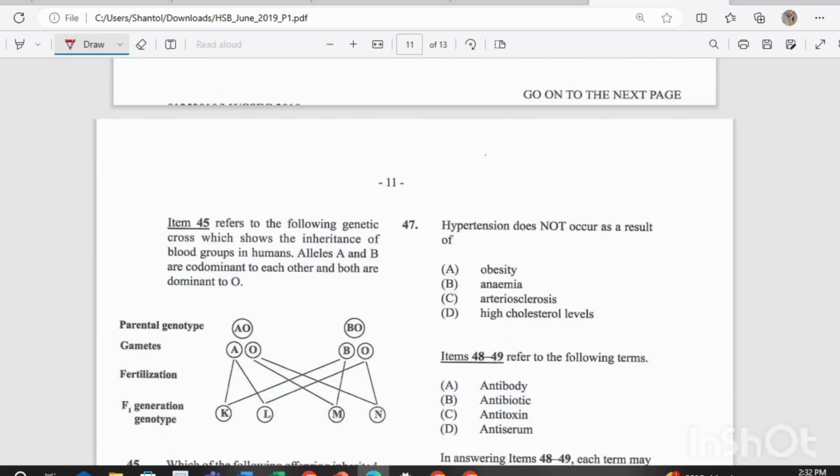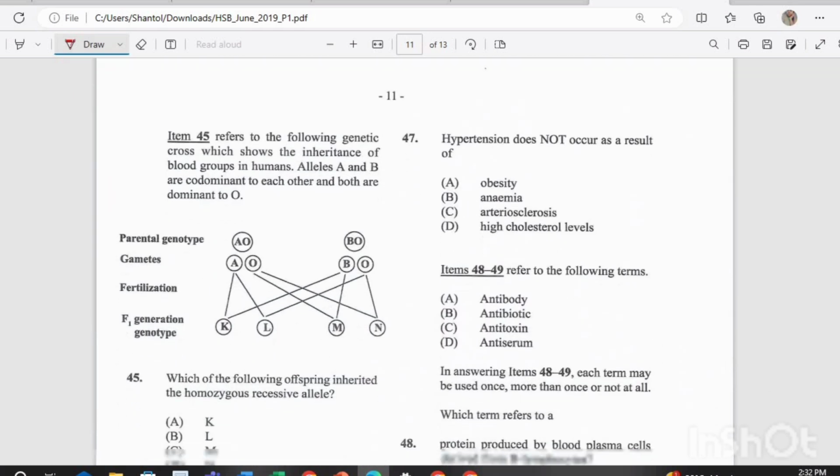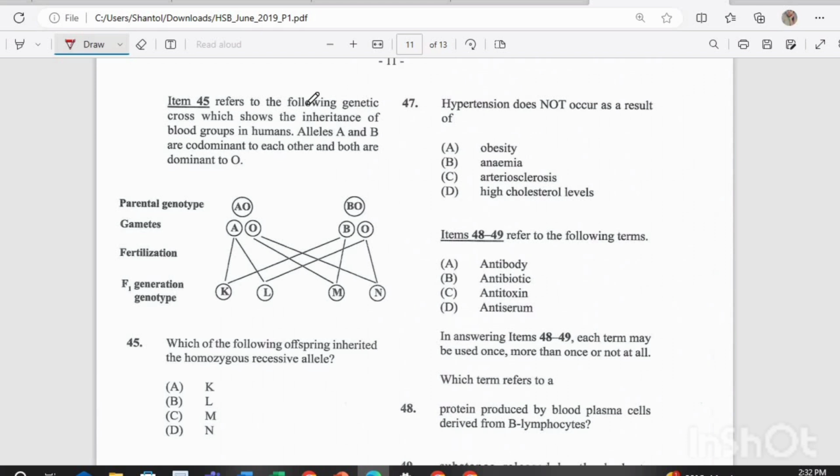Item 45 refers to the following genetic cross, which shows the inheritance of blood groups in humans. Alleles A and B are codominant to each other and both are dominant to O. We have the parental genotypes, the gametes, fertilization occurring, and the F1 generation genotype.